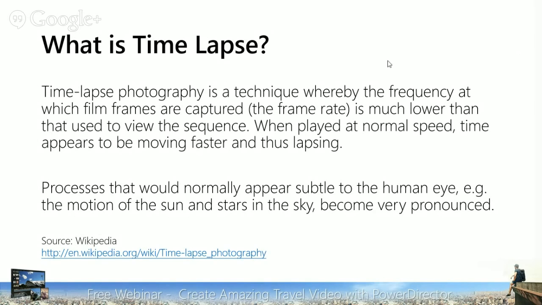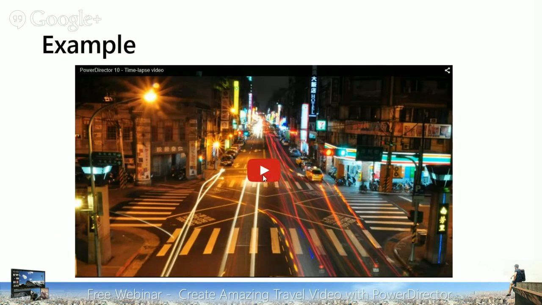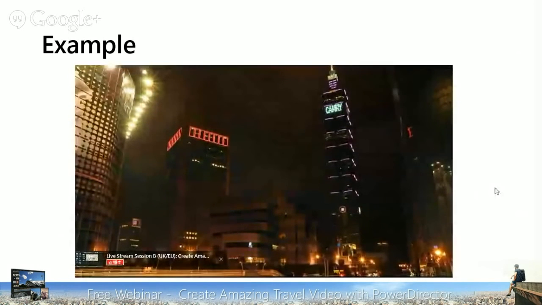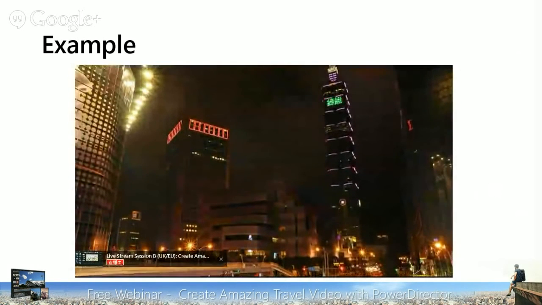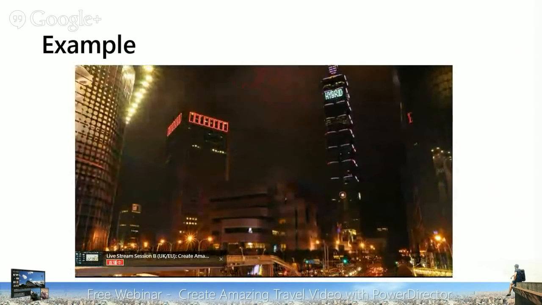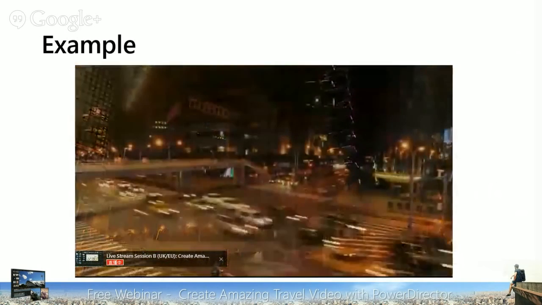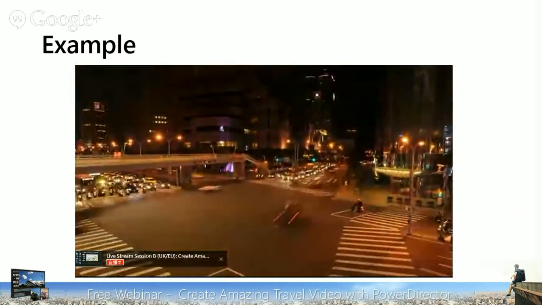I'll give you a quick example of what time-lapse looks like. This one I took in Taipei, the city where I live. This is the landmark of Taipei, Taipei 101. It used to be the highest building before Burj Dubai was built.